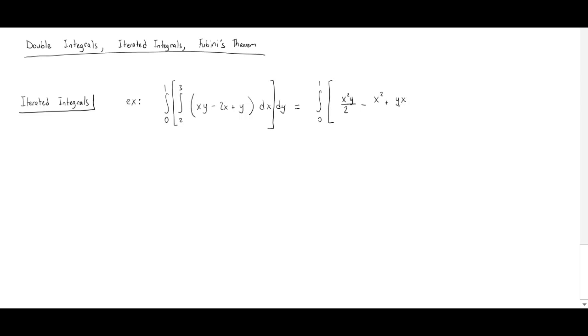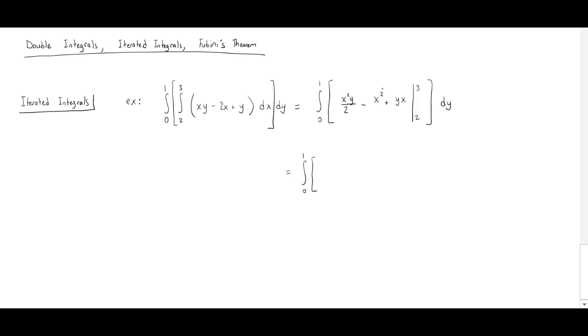Okay, good. So then next when we're plugging in these bounds, okay? So since this was an integral with respect to x, that means I want to plug these numbers into x, all right? So not y, but plugging it into x. Okay, so numbers are a little bit messy perhaps, but let's plug in, so 3 for x.